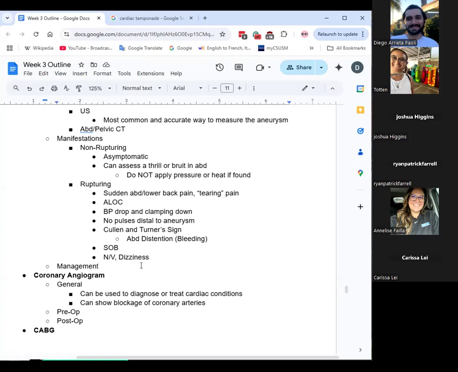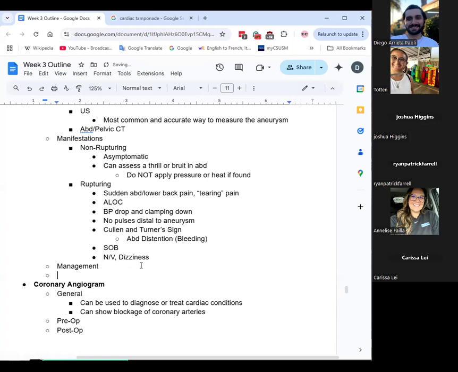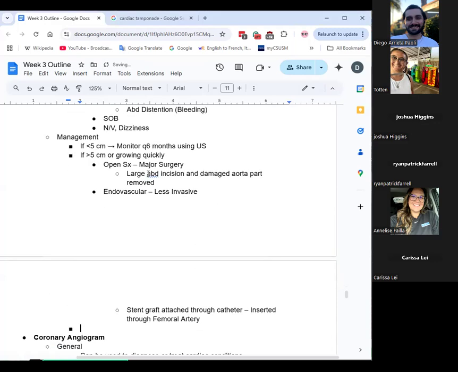So just for knowledge's sake, I'll write it down and talk about it. When it comes to the management, a lot of this is monitoring, and it's based on how big it is.